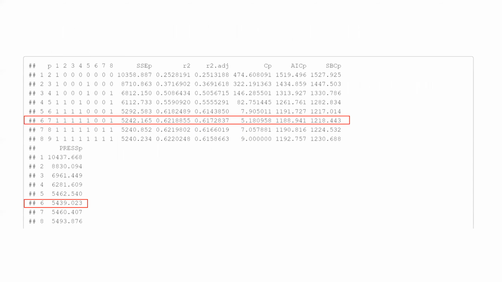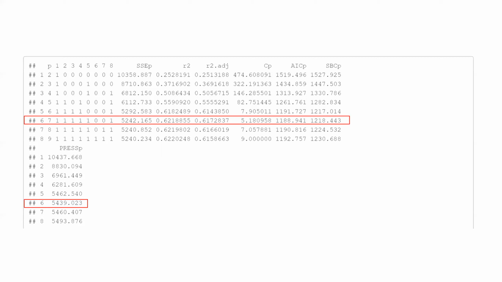So here, from the result of the best subset algorithms, here are some criteria we need to consider when we want to select the best model. The adjusted R squared needs to be as high as possible. Cp needs to be small and near to p.